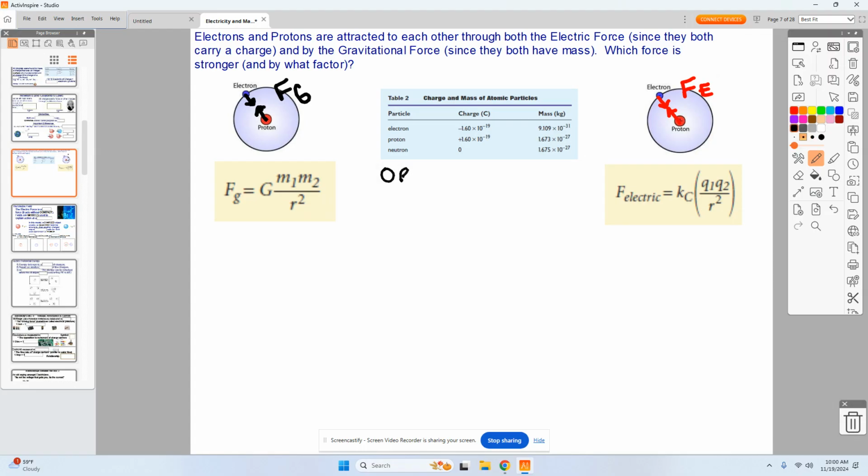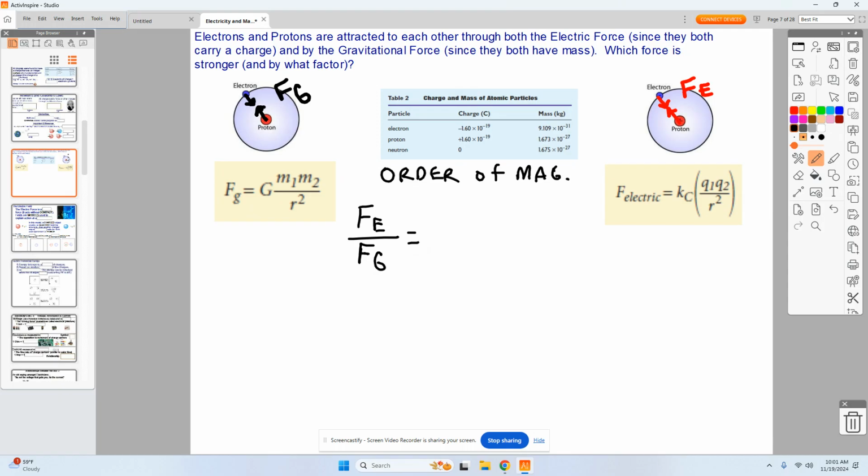Order of magnitude is just going to be an approximation by looking at a power of 10. Now, I'm going to take the ratio of F electric to F gravity. So I want to see how big one is in comparison to the other.